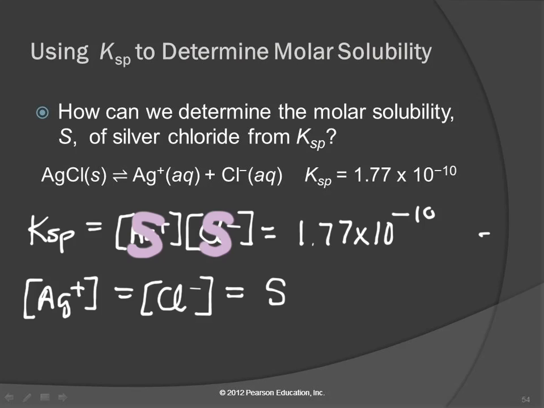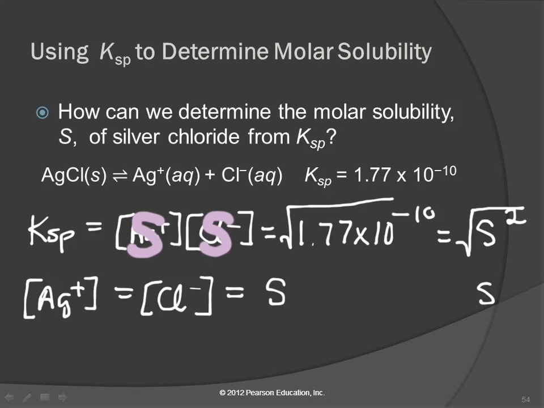It's equal to S squared. Right? Can we figure out what S is? Yeah, we have to take the square root of both sides. Here we've got S squared. If we take the square root of it, that's undoing that function, then we'll get S. And then we have to take the square root of this guy as well.